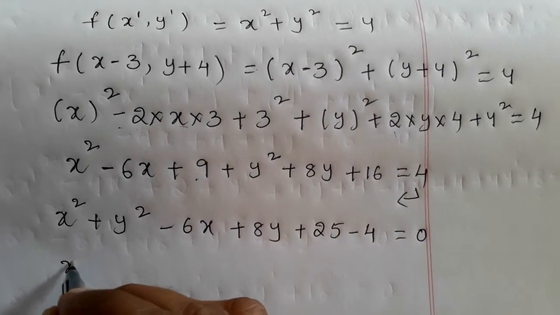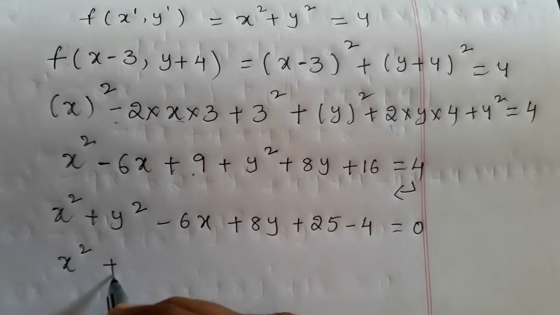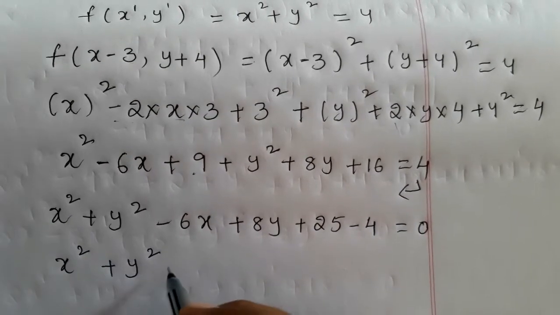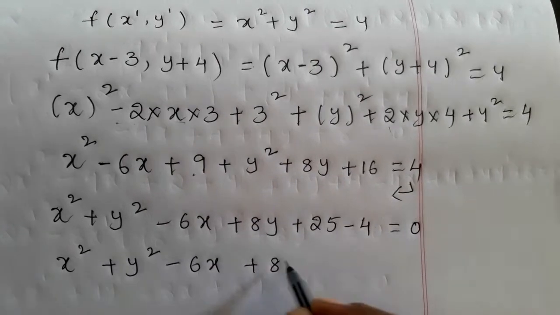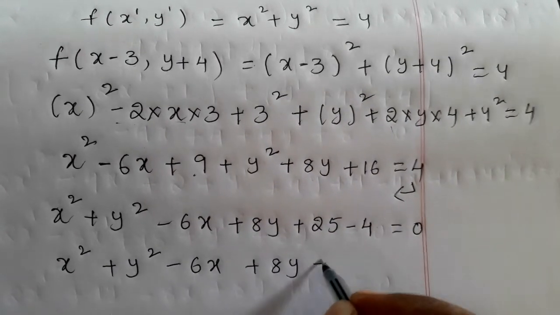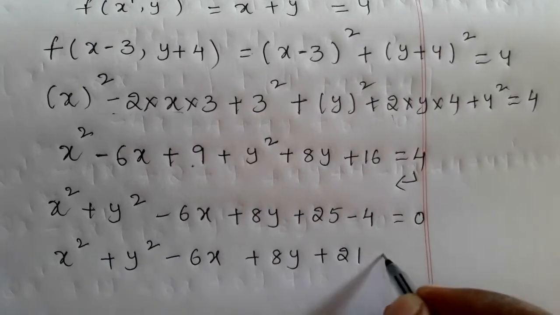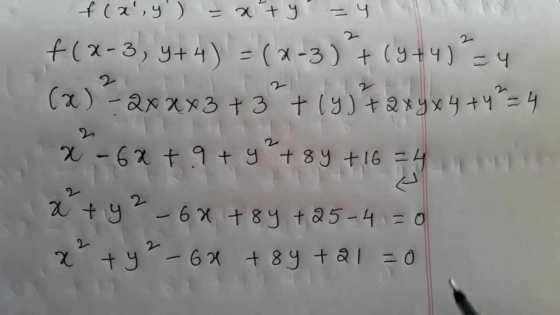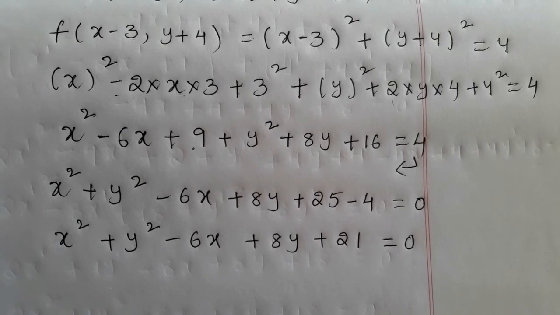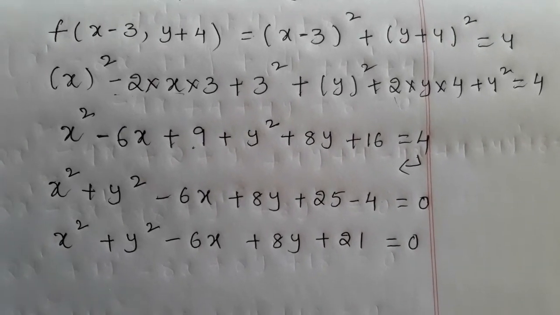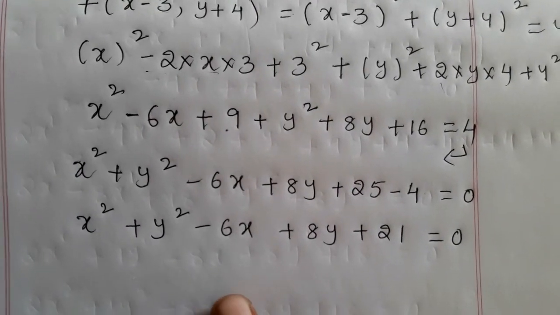So now here x square plus y square minus 6 times x plus 8y, 25 minus 4 is nothing but 21, equal to 0. So this is the required original equation. So this is nothing but f of x comma y.